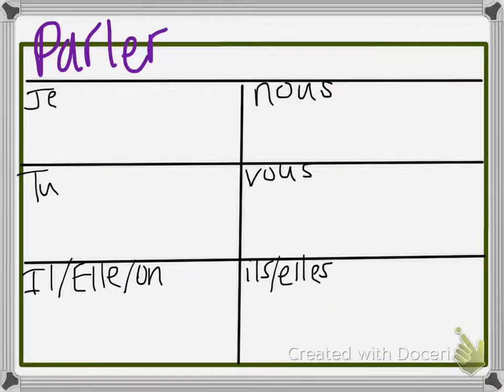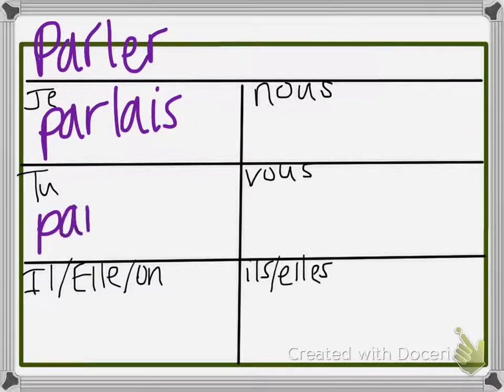So let's do a practice one for regular ER verbs. Let's do the verb parler. You start with the nous form of the verb and take off the ONS, so your stem is parl, and then you add your endings.